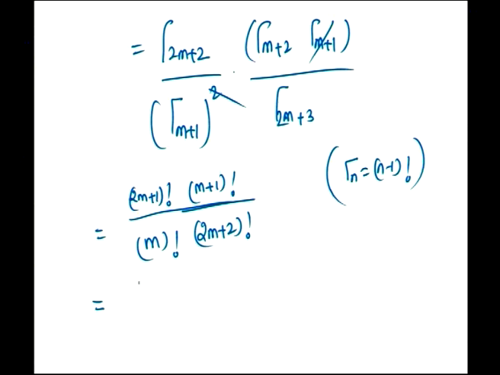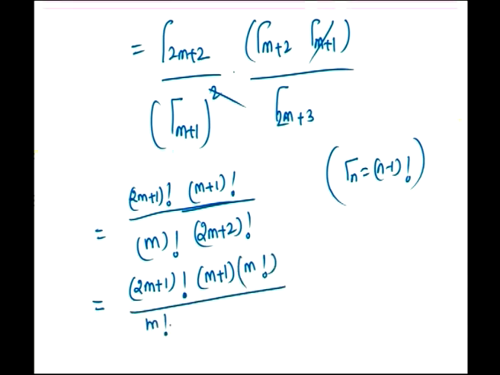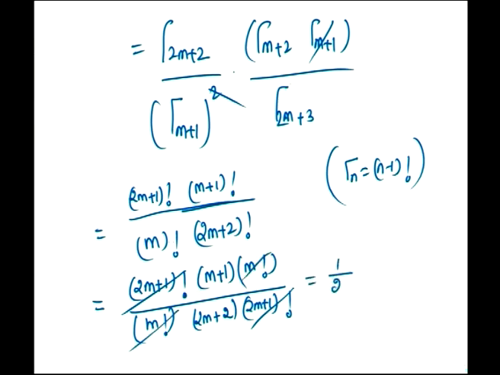And for cancellation, we shall write the things appropriately. 2m plus 1 factorial is as it is, m plus 1 factorial is written as m plus 1 into m factorial, divided by m factorial written as it is, and 2m plus 2 factorial is written as 2m plus 2 into 2m plus 1 factorial. Okay. So, 2m plus 1 factorial gets cancelled, m plus 1 factorial gets cancelled, and if you take 1 by 2 outside, m plus 1 by m plus 1 gets cancelled, and you have only 1 by 2.